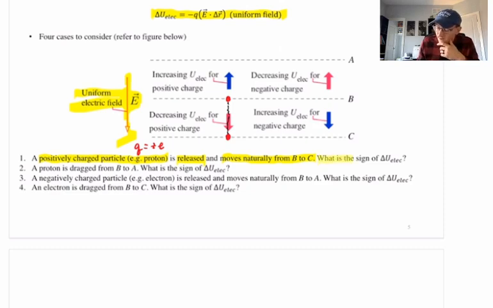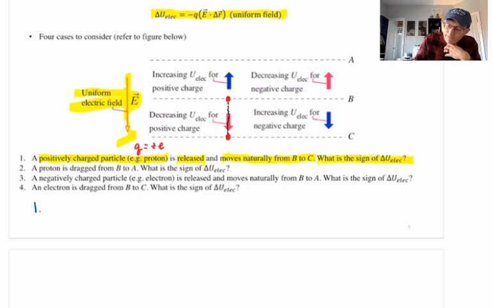What's the sign of the change in the electric potential energy for this trip? What is the sign of delta U electric? Positive? Does the electric potential energy go up, increase? Or is delta U electric a negative value, meaning the electric potential energy goes down? Well, let's think about it. Okay?